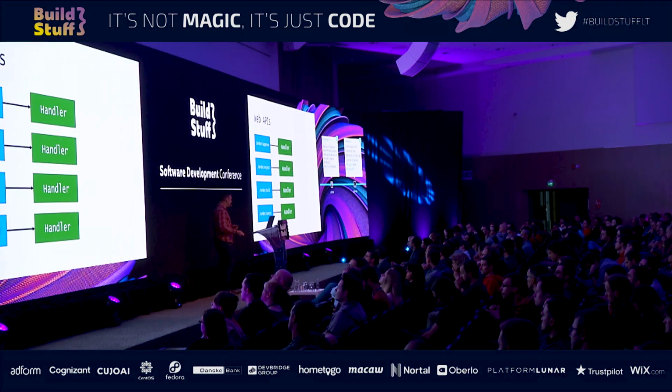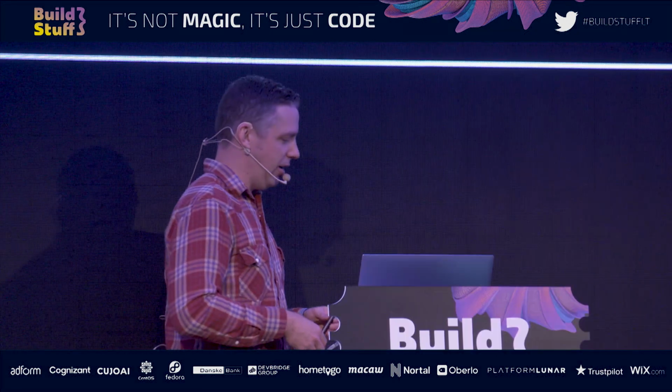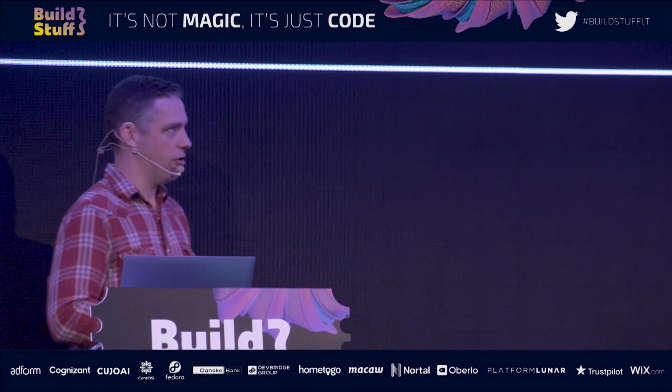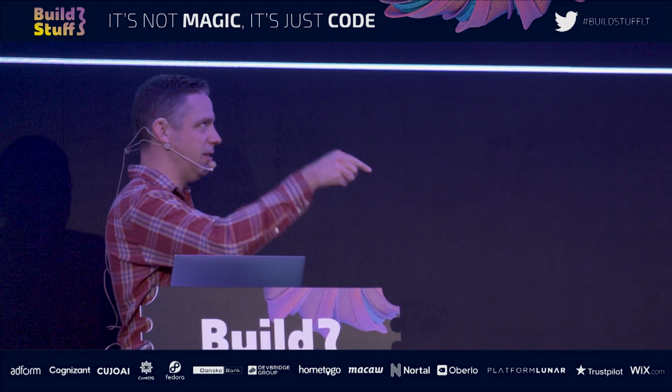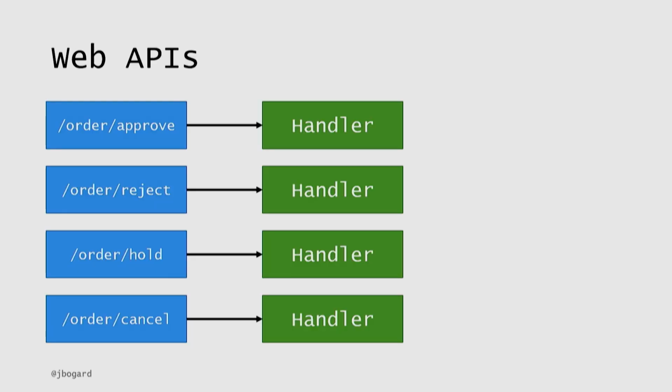Now, one thing that is different with SPAs versus regular web applications: typically in a web application, if I'm performing some action, like approving an order or canceling an order, some form comes up, I click the button, and then I get redirected back to the original screen. That's a little bit different for this one because each of these handlers, what are they returning? Are they just returning success, failure, or what's going on here?